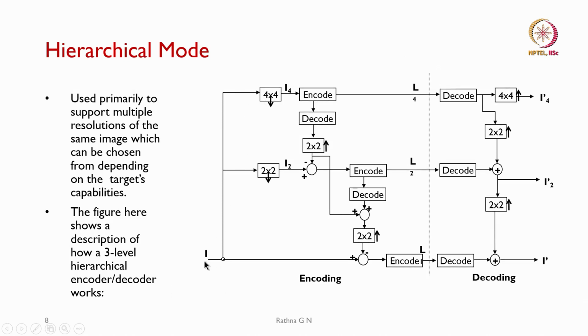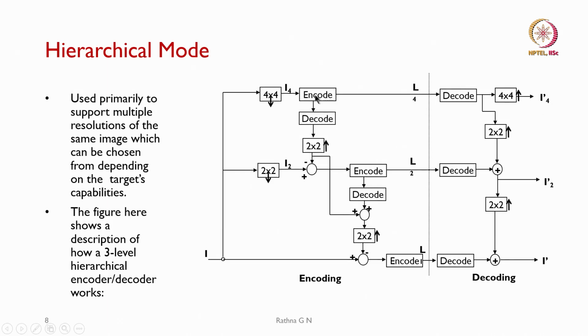You have I as the image input here. You have a 4 by 4, you call it I4, then do the encoding of it, and you will call it L4. Then at the decoder end you will do the decode and the conversion to 4 by 4, and the output will be I4 dash.